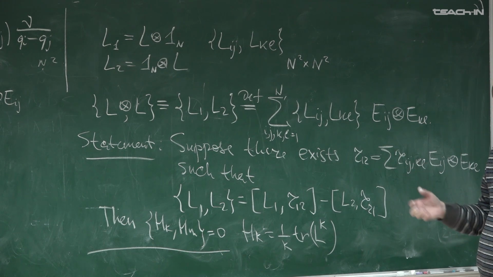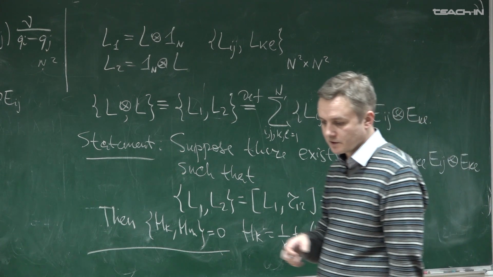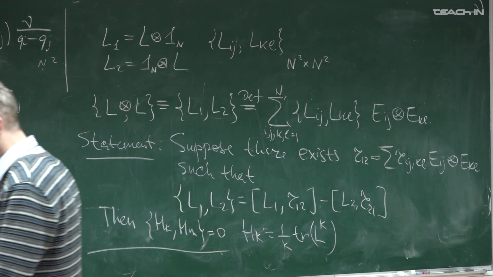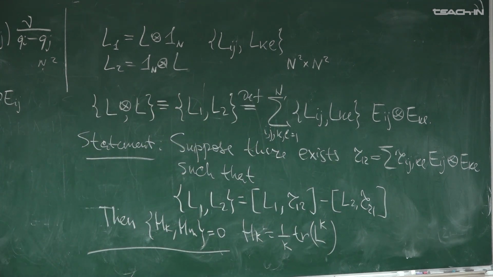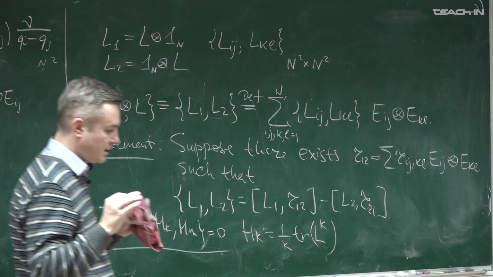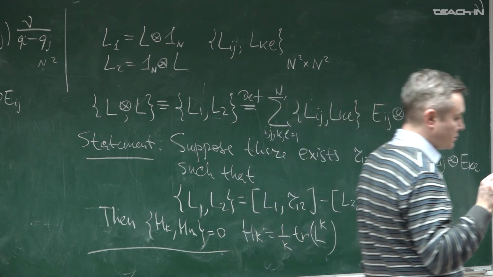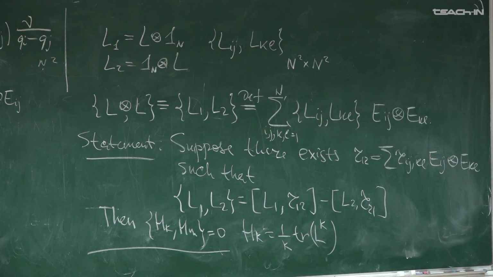Of course, you cannot construct a Lax representation for any system just by hand. You should know some additional arguments, some arguments from symmetries or some group theoretical constructions of how this Lax representation may appear.